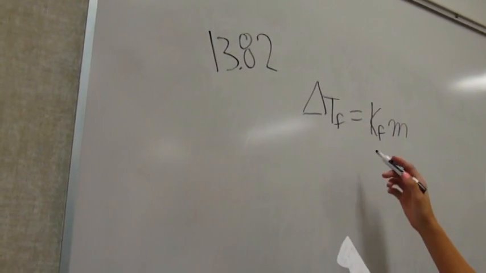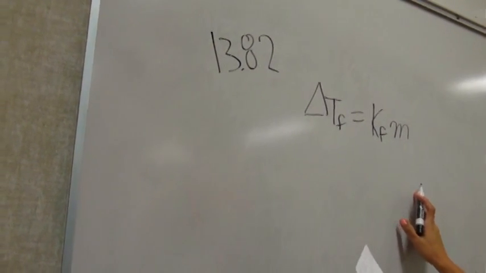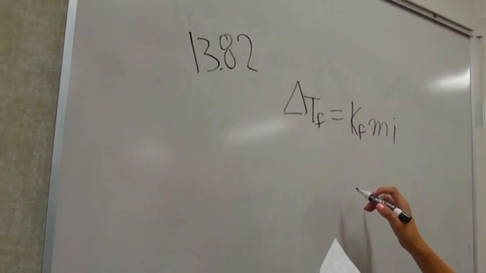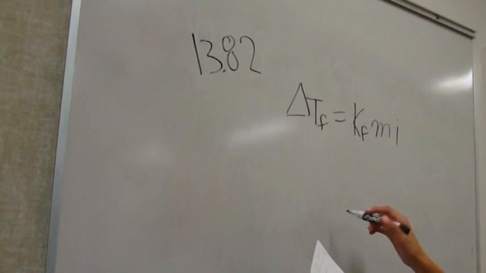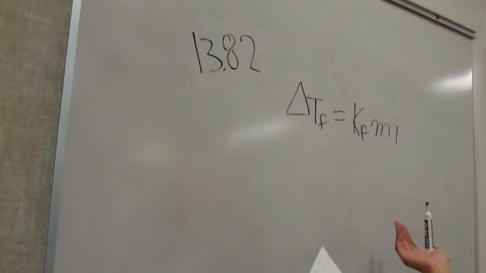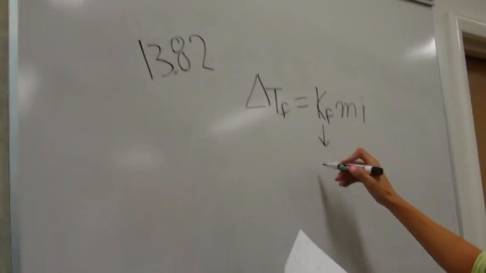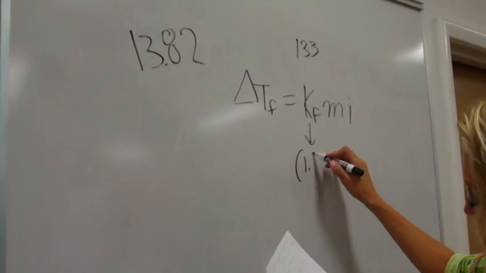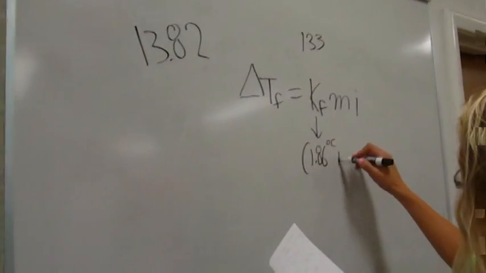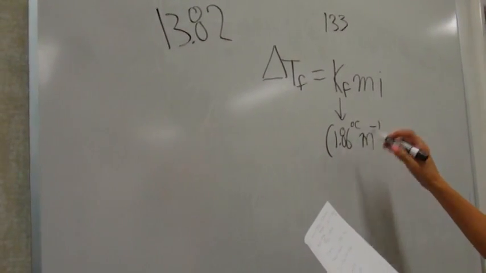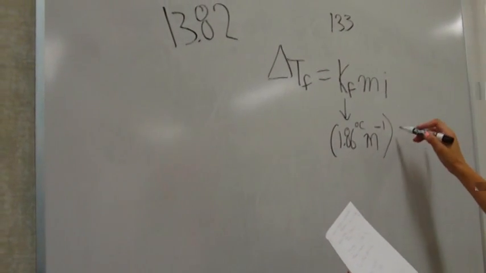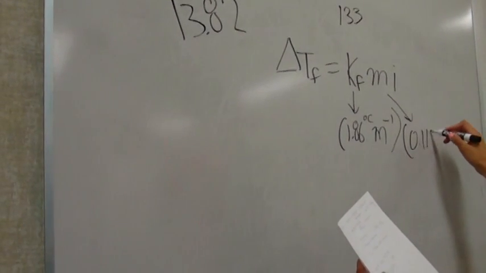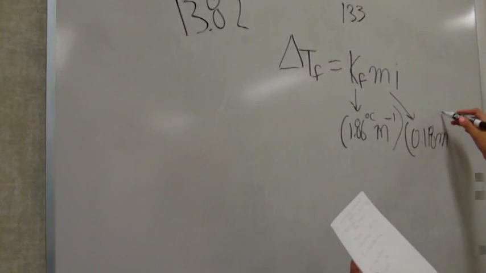And they want to know what the van't Hoff factor is, so we're going to add that into the equation. It tells us that the solution is a solution in water, so we know the constant, we get that from table 13.3. So the constant is 1.86. They also told us our concentration in molal.